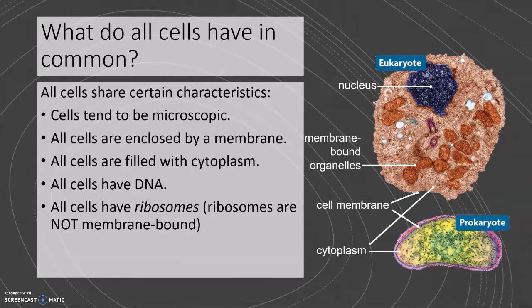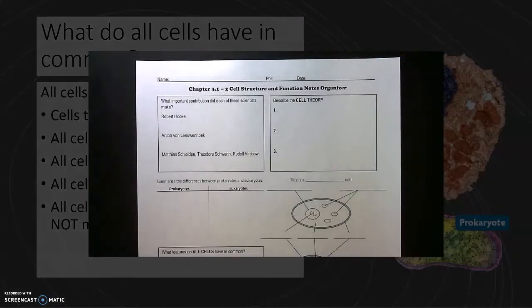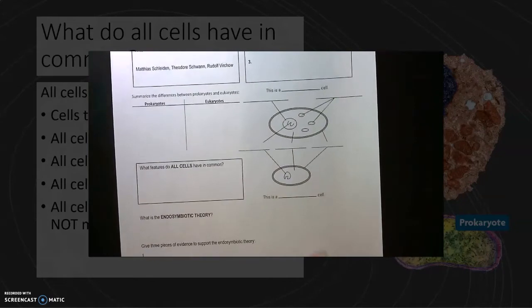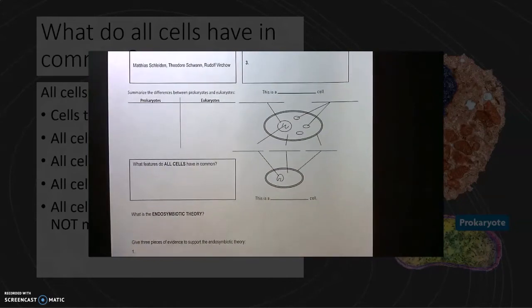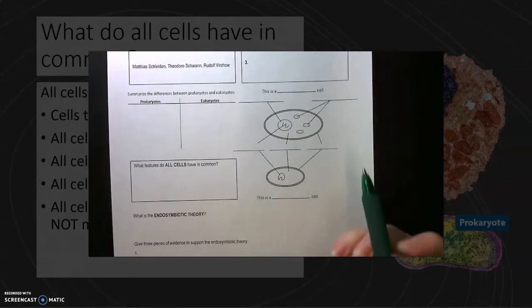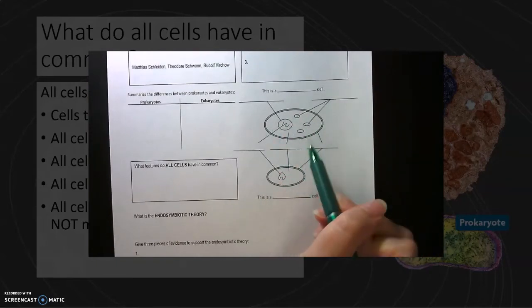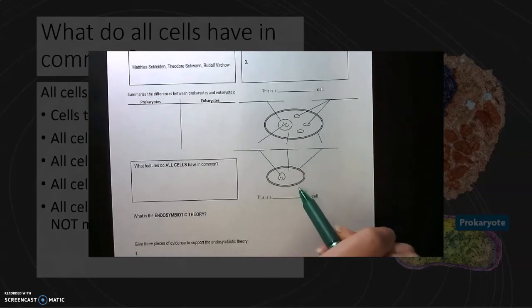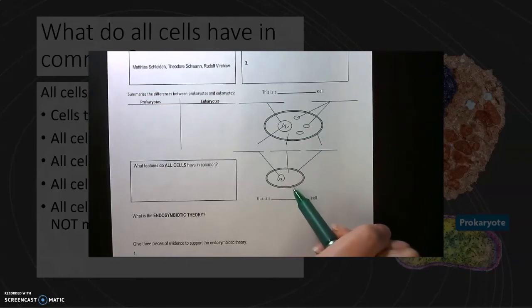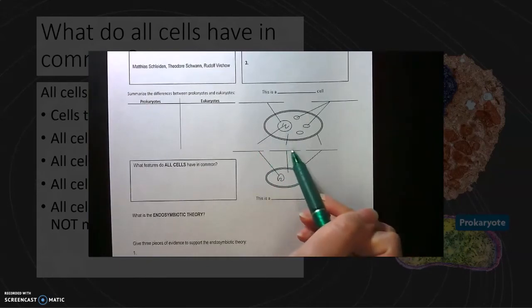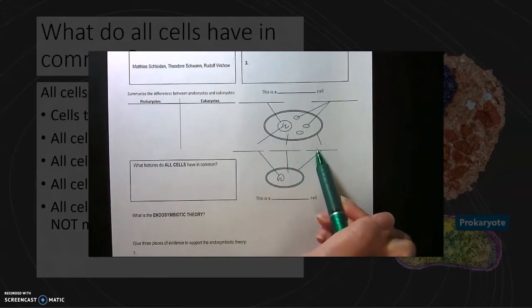So you have a diagram on your Power Notes sheet. Let's take a look at that and make sure that you have this filled out. So hopefully you were able to figure out from the image on the screen here that this larger cell is a eukaryotic cell and the smaller cell is the prokaryotic cell. And then there are certain things that they all have in common. These 3 blanks here represent things that a prokaryote and a eukaryote have in common.